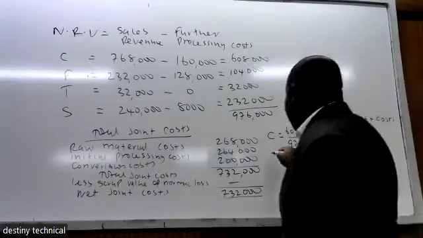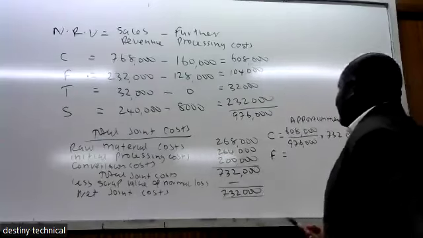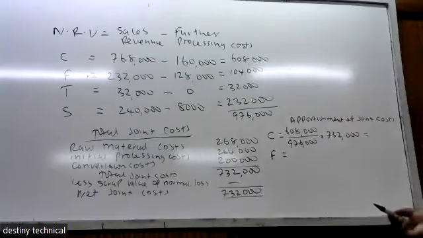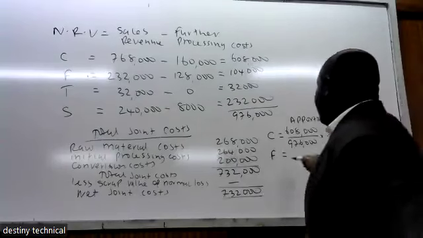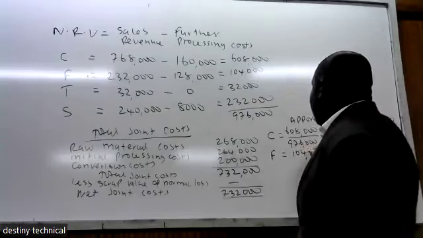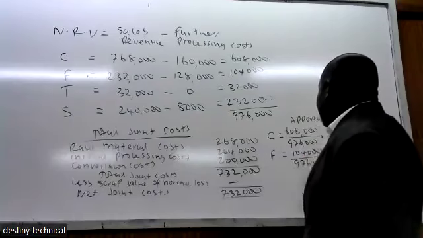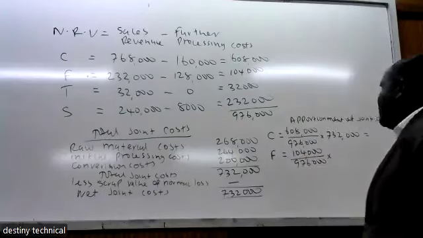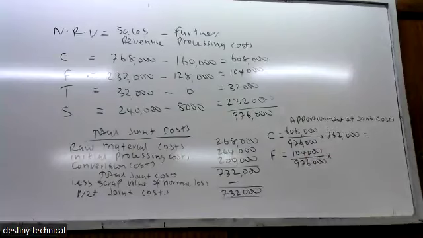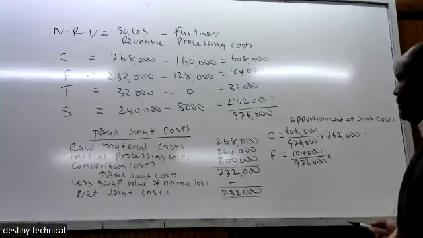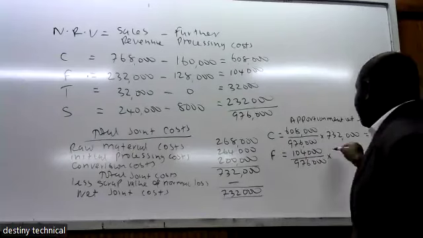You do the same for F. So F, it will be 104, also divide by the total, multiplied by 732.